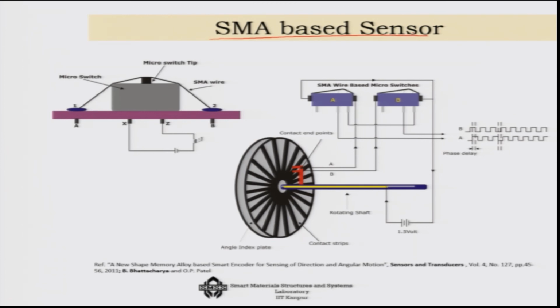In this case, suppose you have a micro switch tip and you have SMA wires, and you have a system which has two such micro switches, as you can see, A and B, and you have 2 points touching 2 parts of the conductive strips. Now, if this system rotates, what happens? There are certain times when these 2 stylus will be over 2 of these conductive strips.